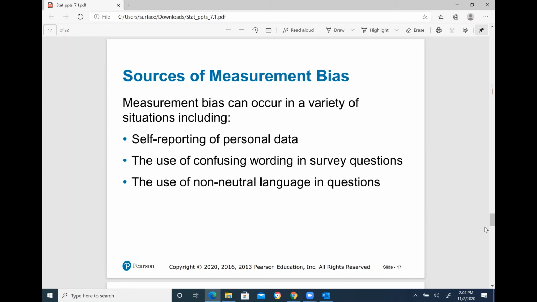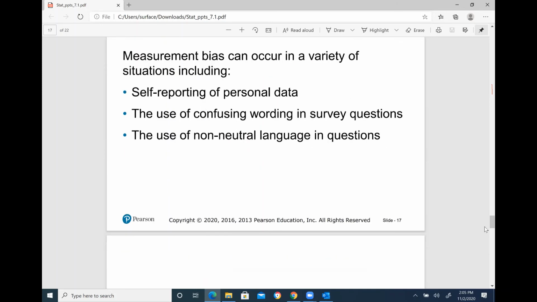That's what we call self-reporting or personal data. Another cause is confusing wording in a survey question: you don't really understand the question, so you guess and answer whatever you think. Another is non-neutral language in questions, where people guess based on the wrong language.